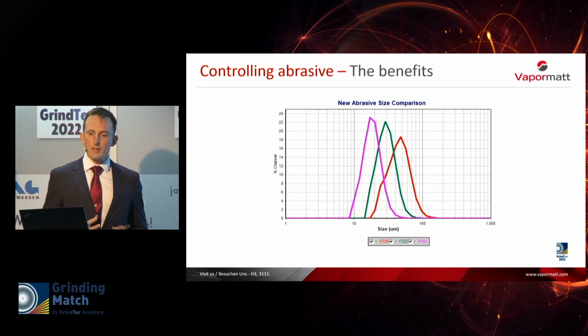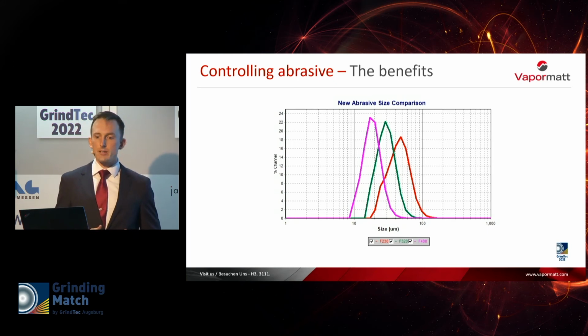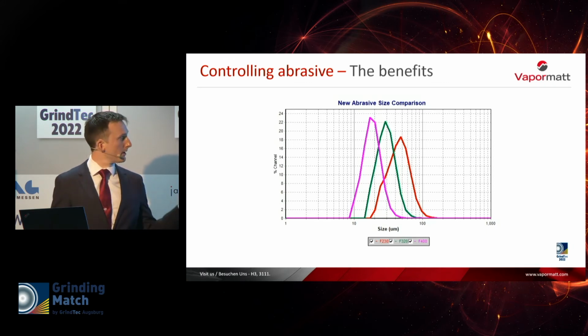Once we've specified the abrasive, the size, the shape, the density, and the hardness, we're then able to make this a commodity purchase thanks to the FEPA standards that we talked about earlier. When we have a bag of FEPA-approved abrasive, we then have a consistent distribution for each particular size, as shown in the bell curves here.